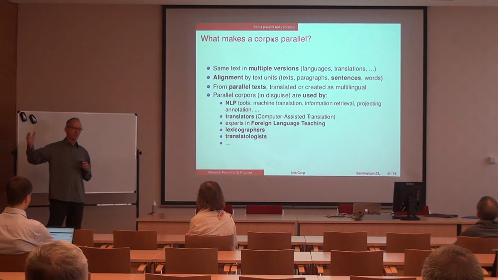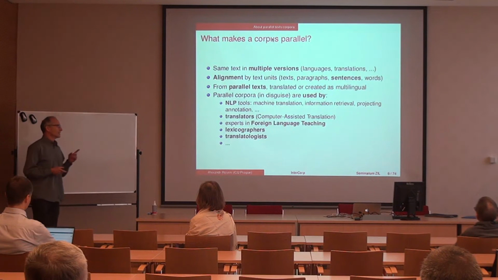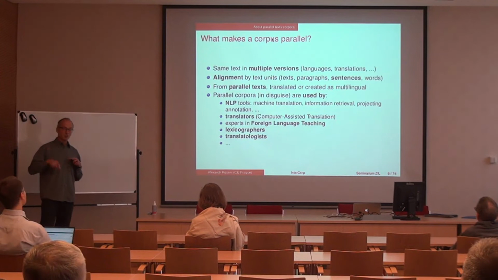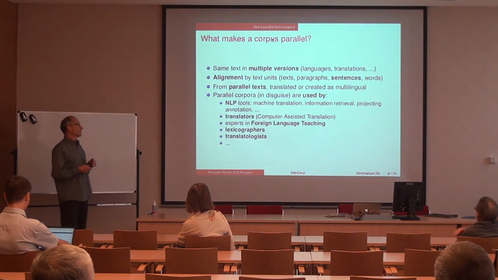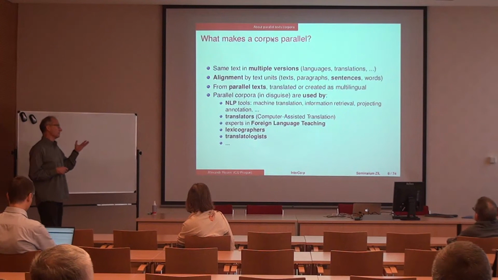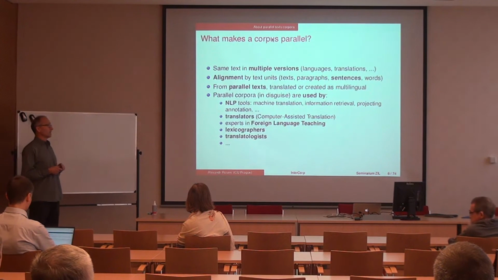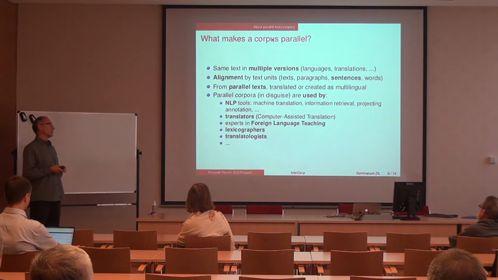That means so many websites in so many languages all around the world. And translators use parallel corpora. They have those computer assisted translation tools. Also you can use parallel corpora in foreign language teaching, and of course lexicographers and other experts use parallel corpora a lot.